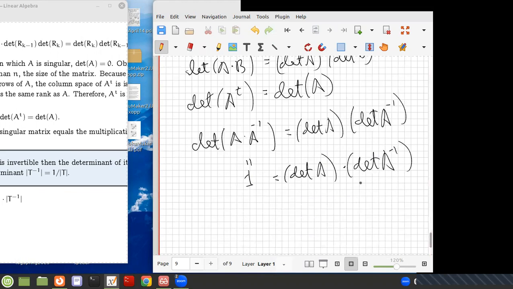So if a matrix has an inverse, then the determinant of the inverse matrix equals 1 over the determinant of the original matrix. That's nice.